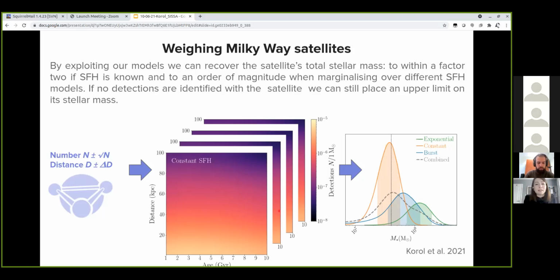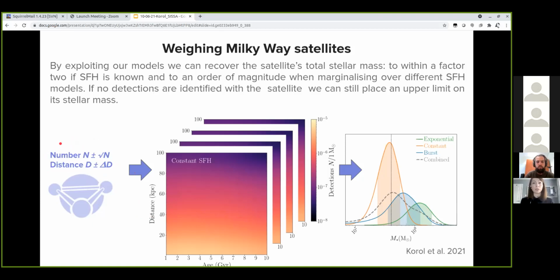So then the final measurement that I prepared for you today is the mass of the satellites based on the LISA detections. And we can study this by now reverse engineering the modeling procedure that I used in all the previous slides. So for example, we can start from the number of detections and the distance measured by LISA.